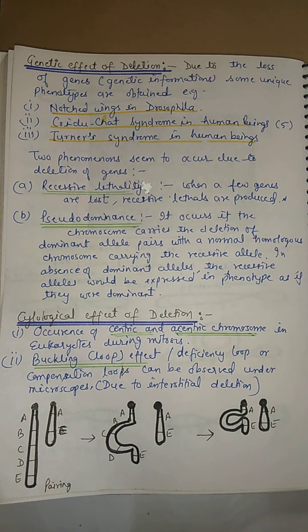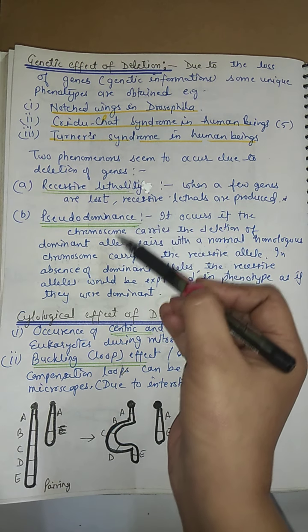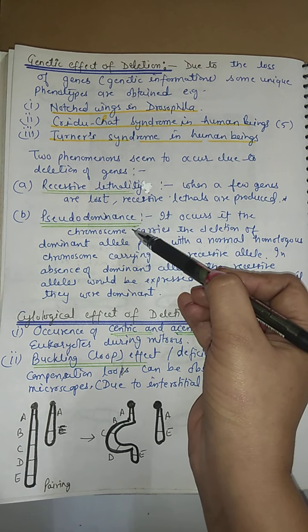In lower organisms like Chlamydomonas, yeast, and fungi, deletion is usually lethal, meaning the individuals die due to the deletion of segments of chromosomes. Now the two phenomena that can be seen due to deletion are recessive lethality and pseudodominance. These are the two consequences of deletion.